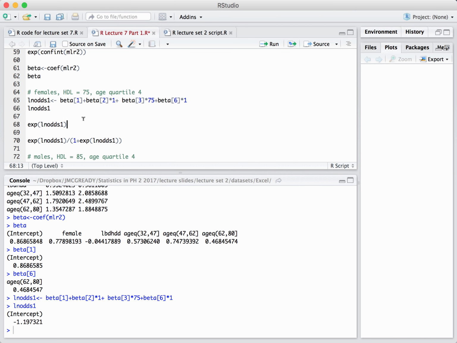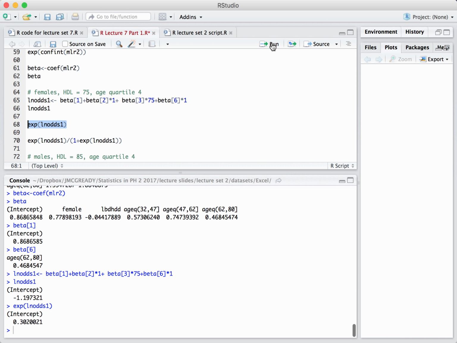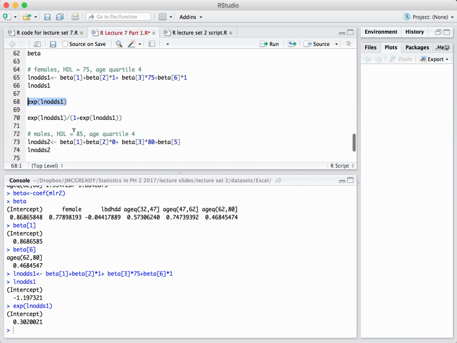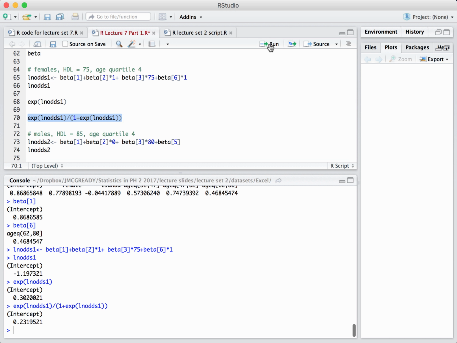If I exponentiate this to get the odds, I get odds of 0.302, very close to what I showed. Again, my answers will be slightly different in the lecture because of rounding. And then to get the proportion or probability in this group that's obese, I take the exponentiated log odds, the odds, divided by 1 plus the odds. Do that. And we get an estimated proportion of 0.232 as opposed to the 0.234 I showed in the lecture.